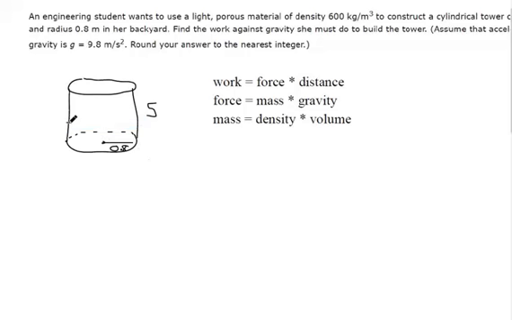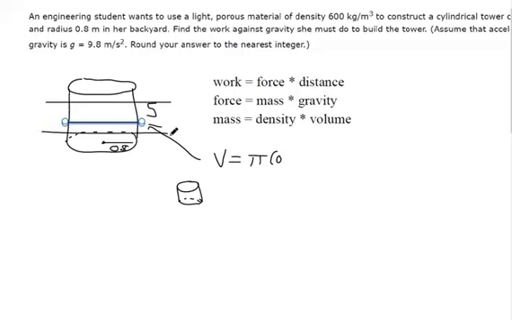So picture slicing this right cylinder in half, and we want to find the volume of one of these infinitely small slices. The volume, it would still be a right cylinder. The cylinder just has an infinitely small height. So the volume would be pi r squared dh, where r is always 0.8, regardless of where you take that slice, right?